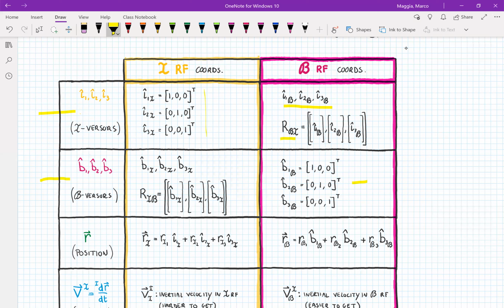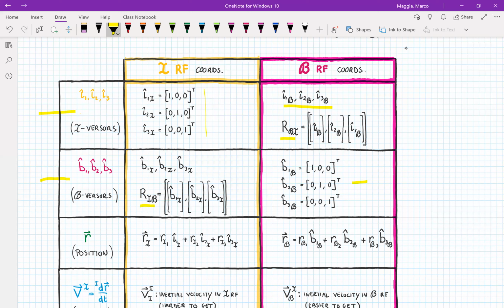We can use the vectors in such coordinates to form now the RIB rotation matrix, so the rotation matrix that takes us from the body to the inertial frame of reference if we place the B vectors as columns of the matrix.